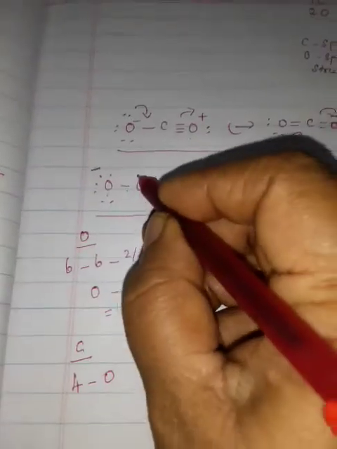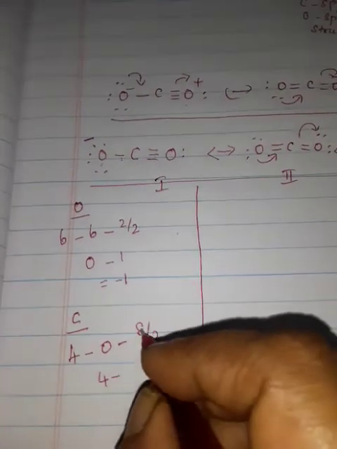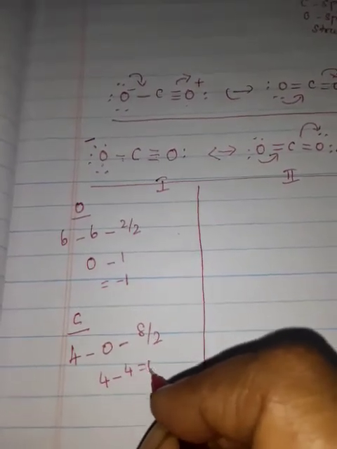For carbon, valence electrons 4, lone pair none, no electrons present here. Bond pair: here 1, here 3. So 8 by 2. So 4 minus 8 by 2, 4, equal to 0. So no charge.